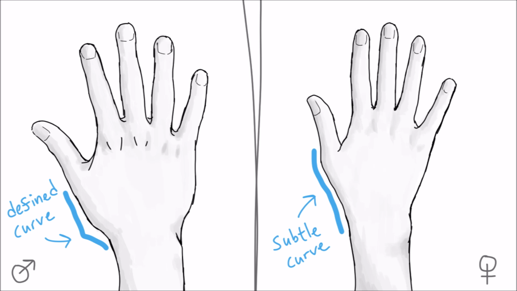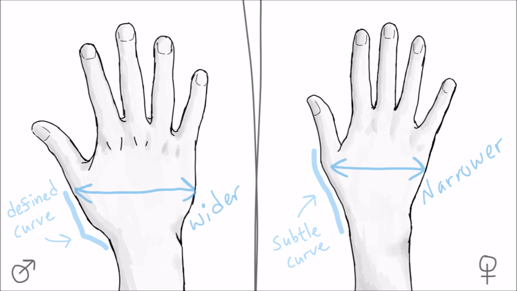And of course you can still see it in a female hand, and I specifically drew a female hand that had one very slightly pronounced, so you can see the difference quite easily. But yes, it varies from person to person.